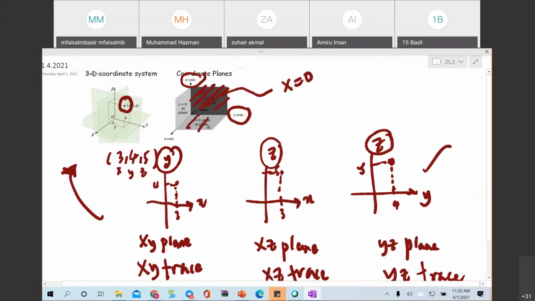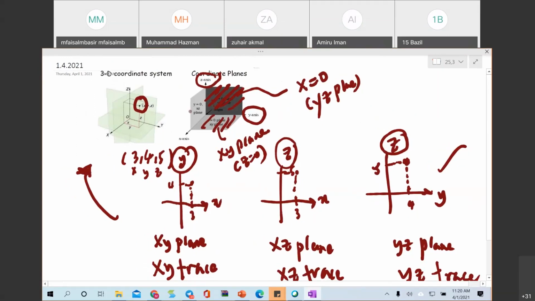For here, everything in the xy plane means your z equals 0. Here, the yz plane. So here is the xz plane, okay? y equals 0.